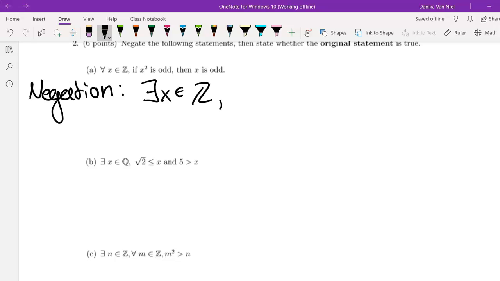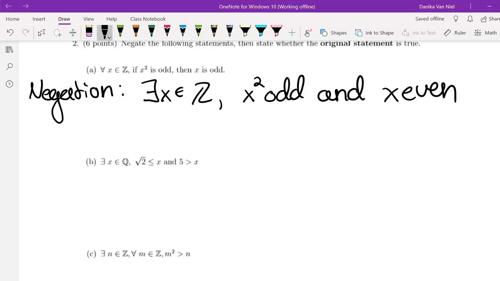So what are we going to have? X squared odd and X even, right? Because it's P and not Q. Well, I know that that doesn't happen ever, so the original is true.